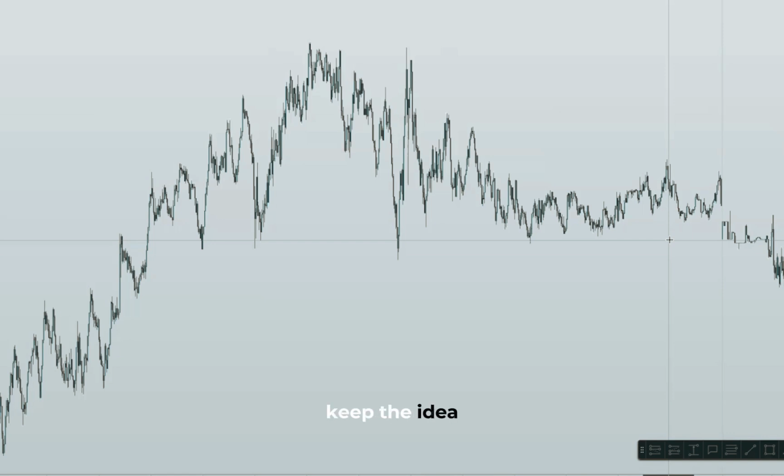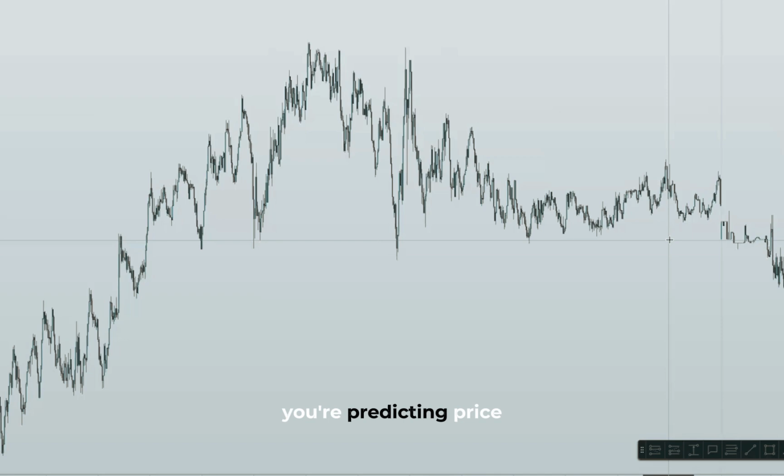Keep the idea and wait for it to play out, because then you can take that lesson away. If you're trying to hold on to something before it's happened, you're predicting price and now you're waiting for your expectations to be met, and that is going to create emotional decisions or thinking, right? And this is what we want to try and make sure we not eradicate, but we minimize and manage.